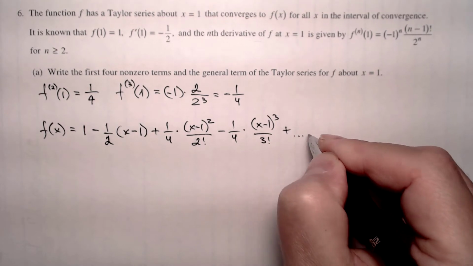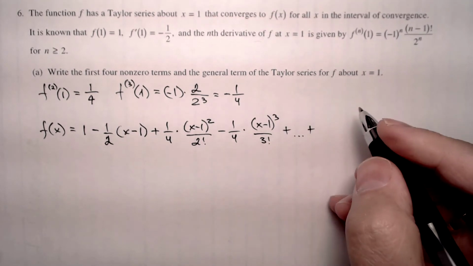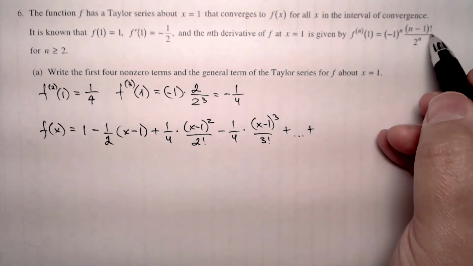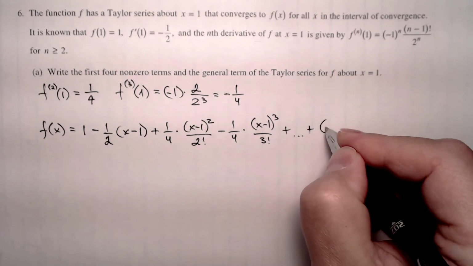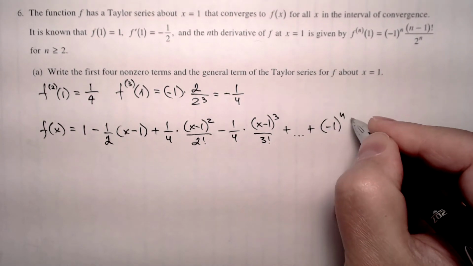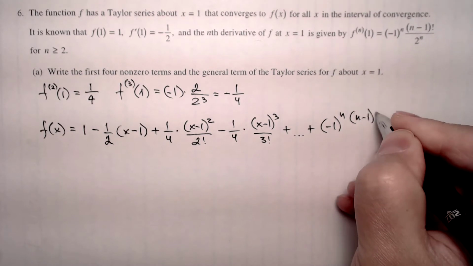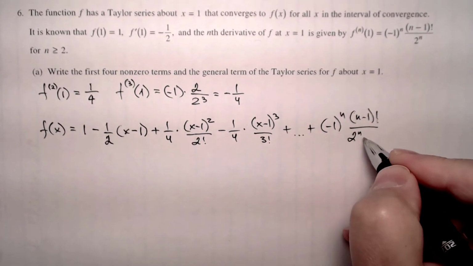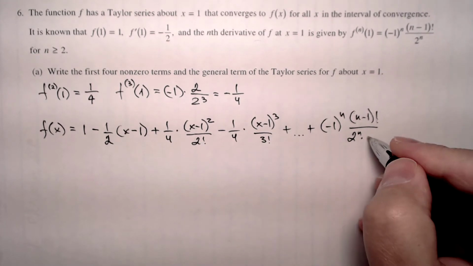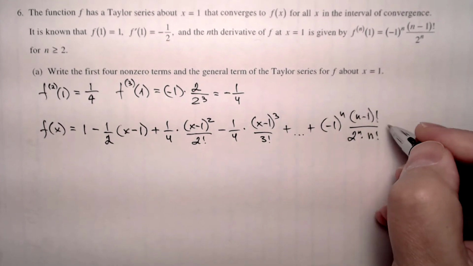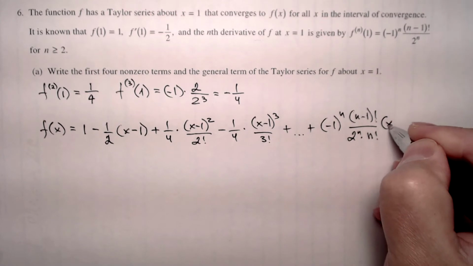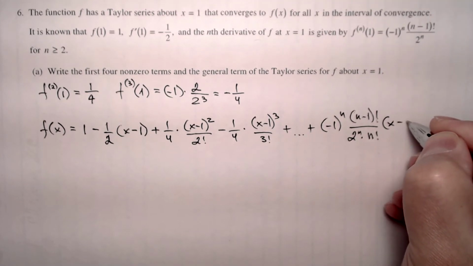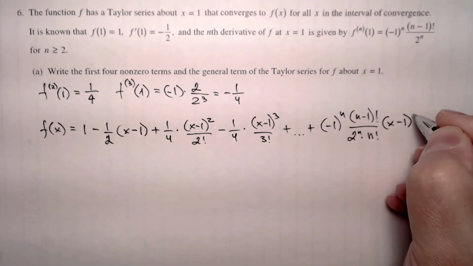And plus, and so on, plus, and so let's write the derivative: negative 1 to the power n, n minus 1 factorial over 2 to the power n, which should be divided also by n factorial, and then plugged in x minus 1 to the power n.